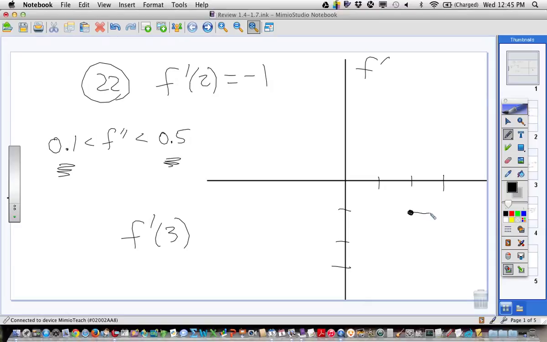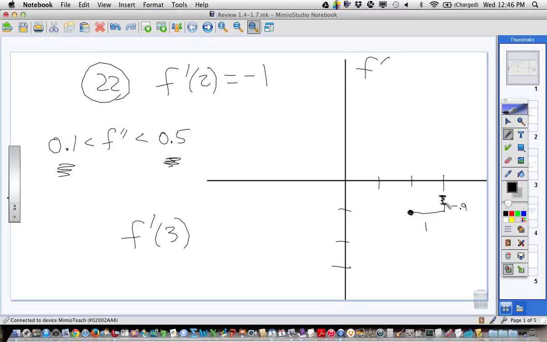They want me to go over to 3. Well, that's a run of 1. So if the slope is 0.1, that means I could go up 0.1 right there. Or I might go up as much as 0.5, which would be right to there. I can go somewhere in between those two. Well, what would this point be if I went up 0.1?